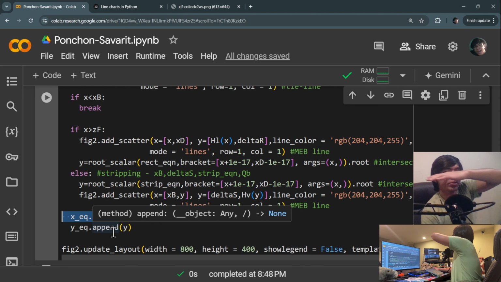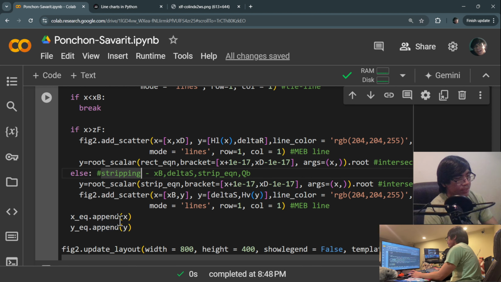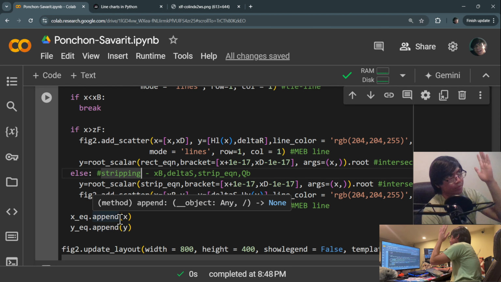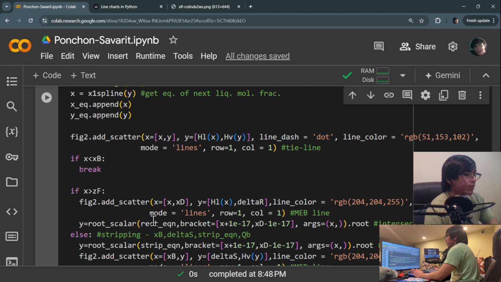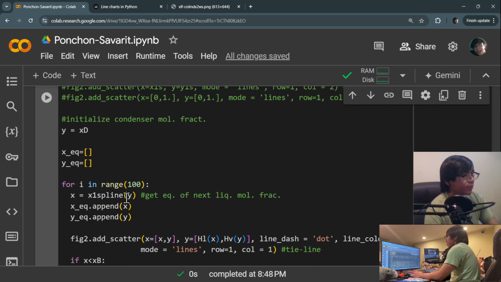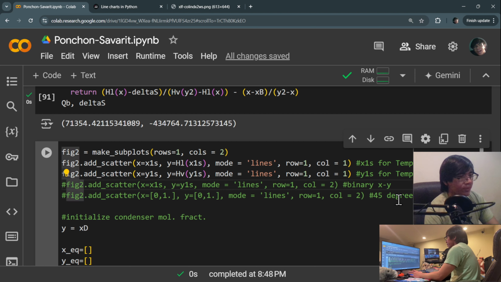We're going horizontal to our equilibrium. So we need to, oh, I'm sorry. Yeah, a new y would be a vertical line. So that's the same liquid mole fraction, but a different vapor mole fraction in terms of coordinates. So we have those, and now actually we already have the binary xy.